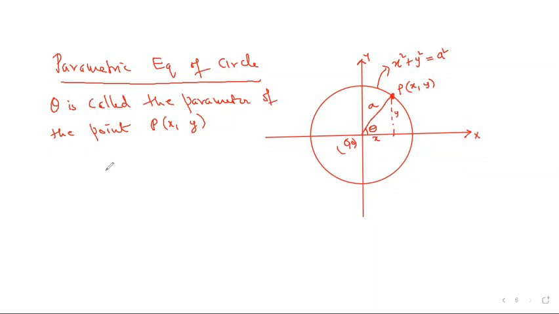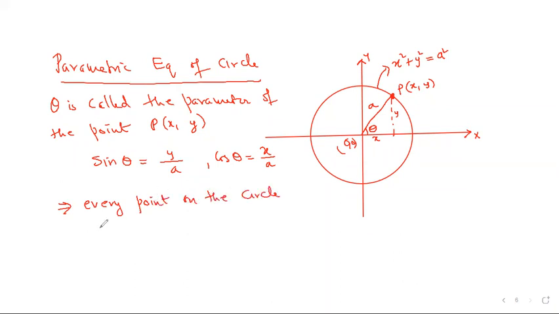Then you can see from the diagram, sin theta will be y upon a and cos theta will be x upon a, which means every point on the circle has x coordinate a cos theta and y coordinate a sin theta.